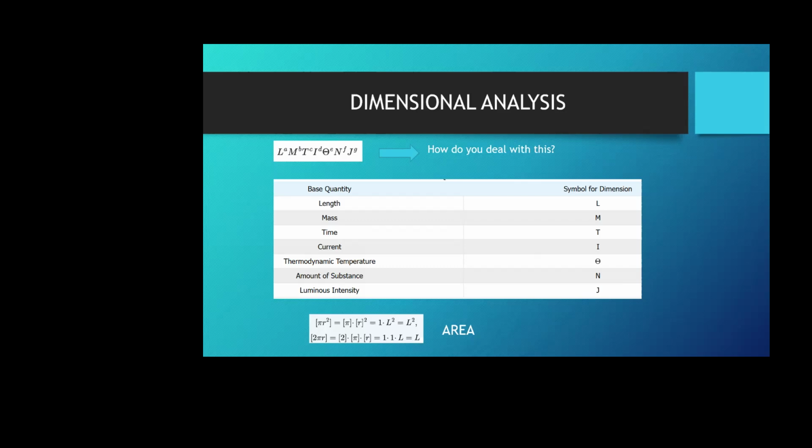And this is a length because the dimensions of R is length. 2 pi has no dimensions because 2 pi is in radians actually. The radians are the measure of degrees, the angles, but that's considered dimensionless. The degrees or radians are not real dimensions. By convention, 2 pi is 360 degrees, no? But we don't consider this as dimension, and the only dimension here is length. So this is a length, obviously.